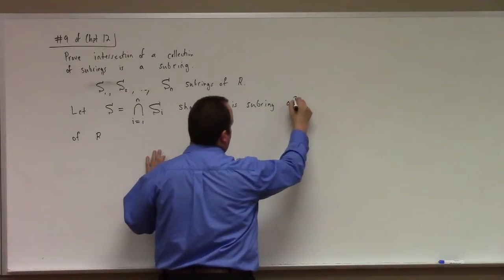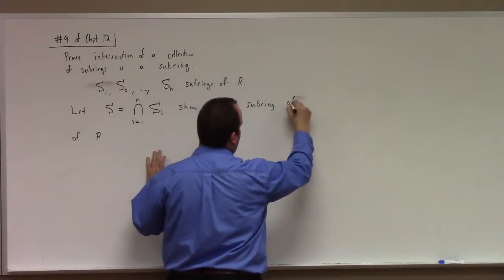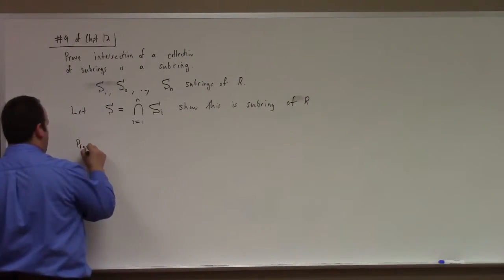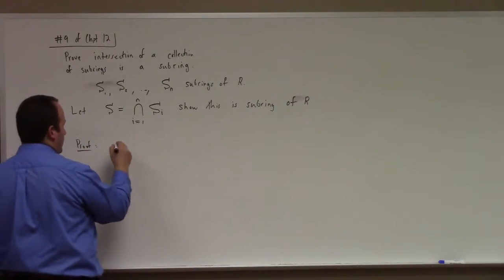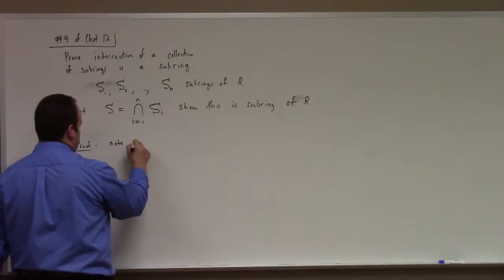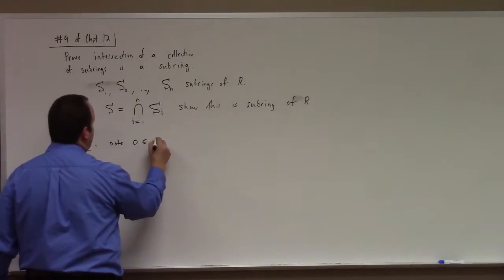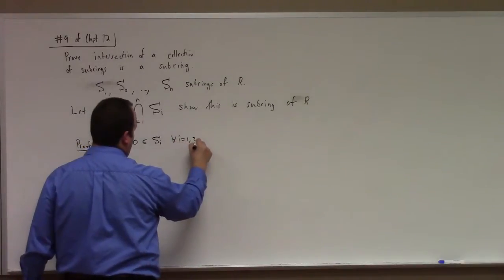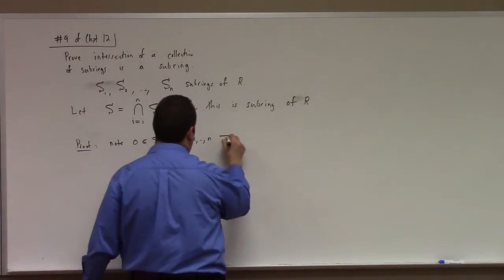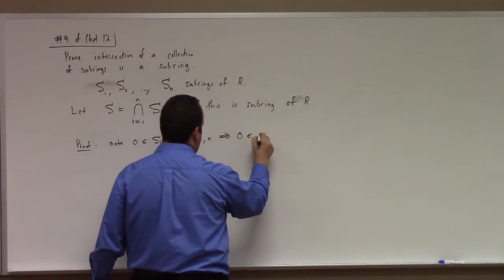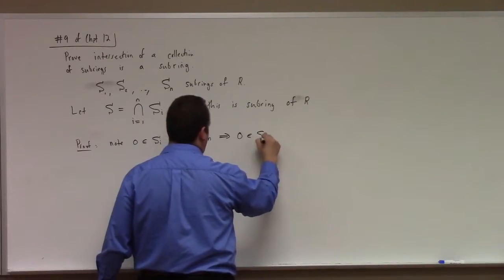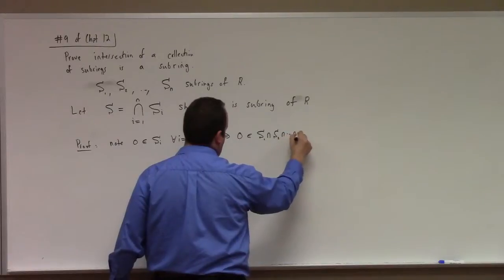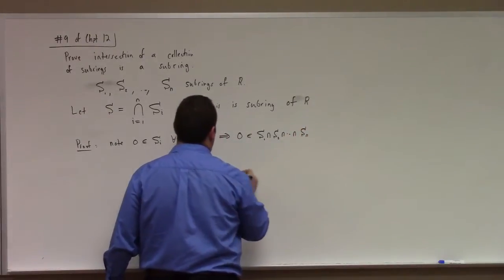Okay, so what would I do? What do you think? I'll start us out. So I'll begin by noting 0 is an element of S sub I for all I. So therefore 0 is an element of the intersection, right?